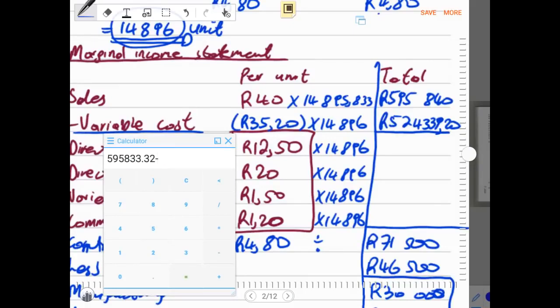Then minus 524,339.20. Yeah, the rounding off still goes up to the same decimals, but it's fine.